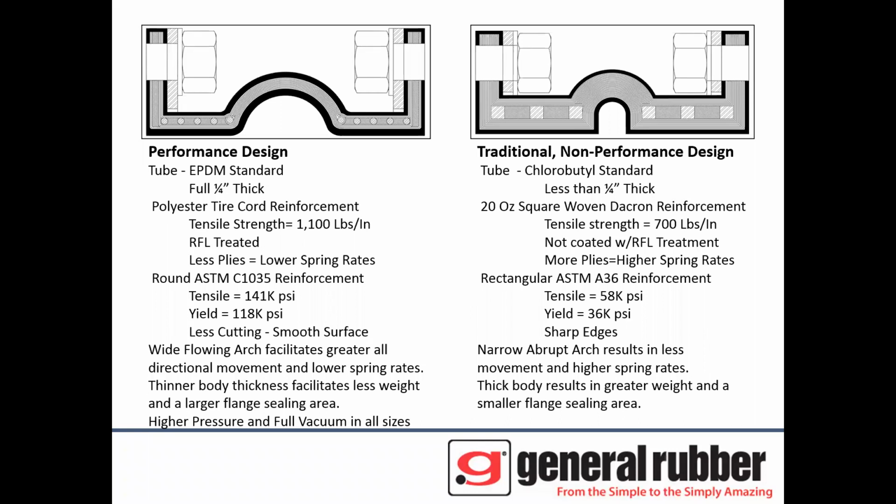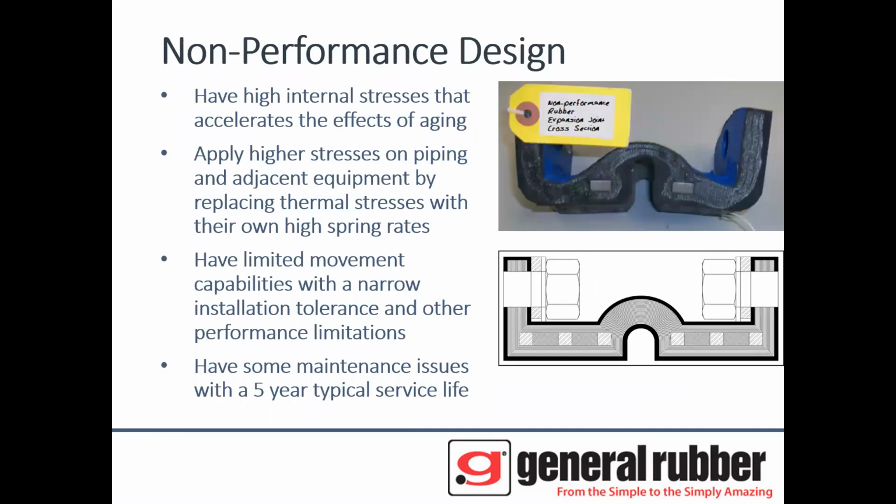That's why you see a lot of leaking with the non-performance joints. You won't find that with performance joints. Cross-sectional shows it best. So non-performance designs have higher internal stresses, which accelerate their own aging function.